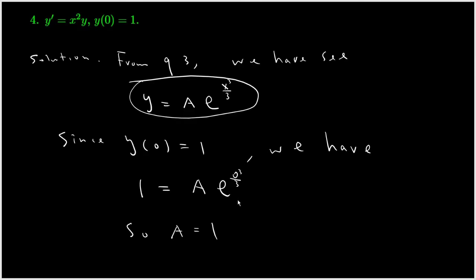So the solution to question 4 is unique. The general solution has a constant a involved, but for the initial value problem, the solution is unique.